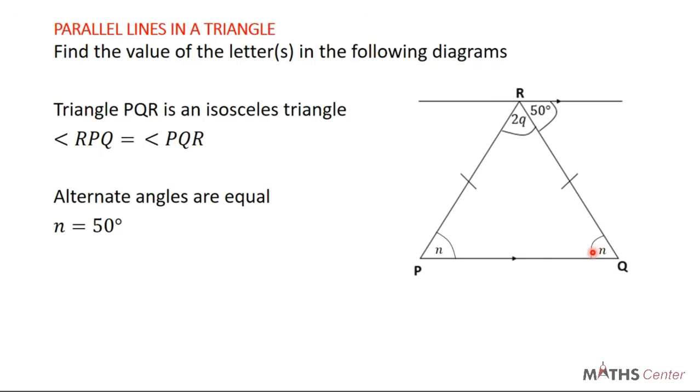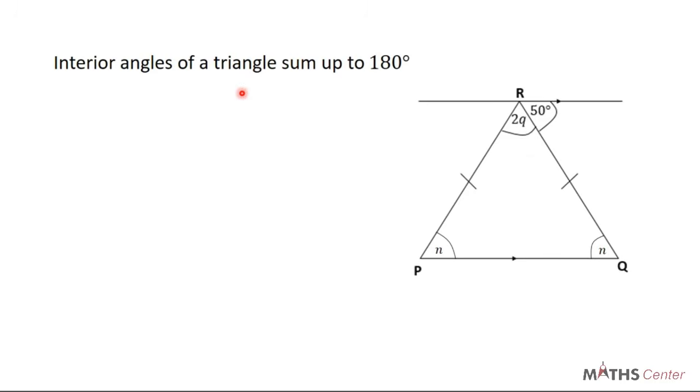So we have found this place to be 50, and because it's an isosceles triangle, if here is 50 degrees, here is also 50 degrees. So we have here 50 degrees, here 50 degrees, and here 2Q. We can add them and equate it to 180 degrees so that we'll be able to find Q. We know that interior angles of a triangle add up to 180 degrees.